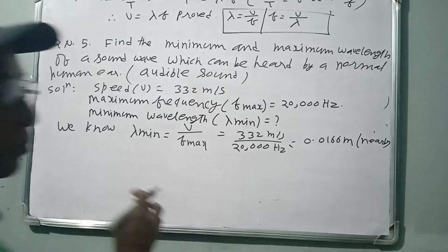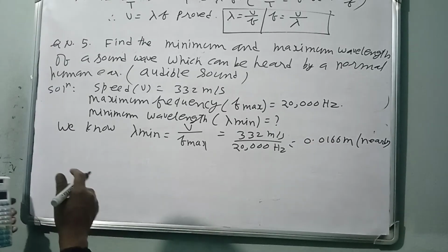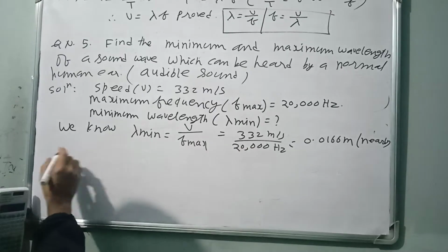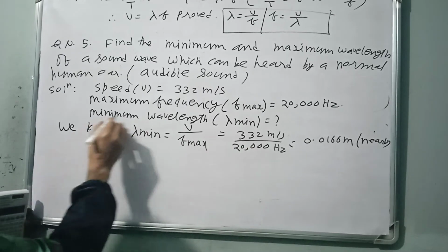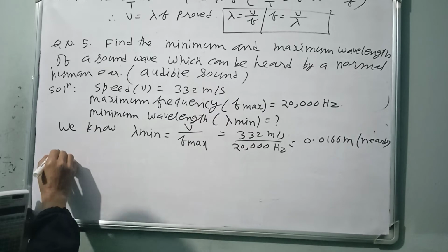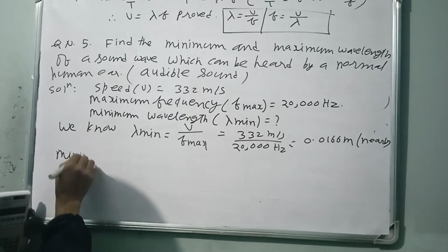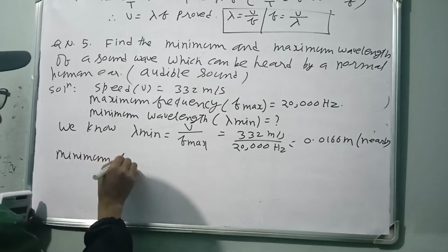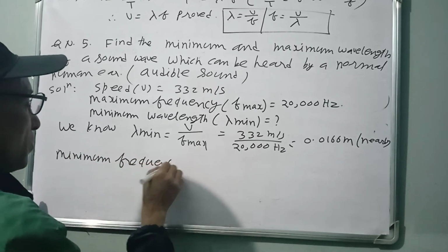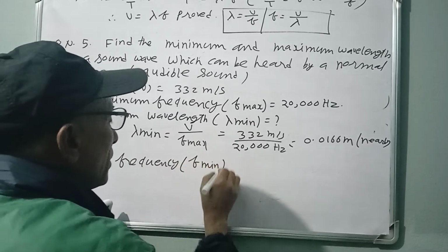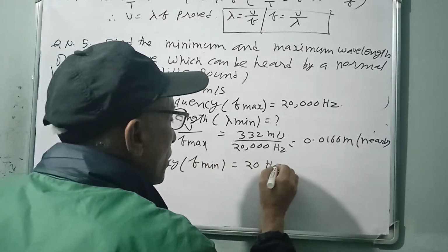A wavelength smaller than this is difficult to hear. Maximum frequency, minimum wavelength. Another is the minimum frequency. We notice that minimum frequency F min is only 20 hertz.